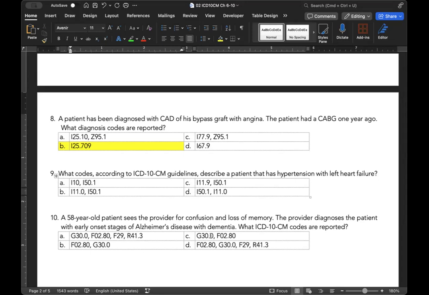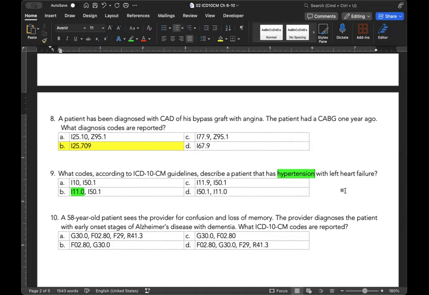It's hypertensive heart disease with heart failure, right? But we have more detail. We have a note to use an additional code to identify the type of heart failure that's present. So we will still use the I11.0 for the hypertension with the heart failure, but we need an additional code to indicate that it is left heart failure.